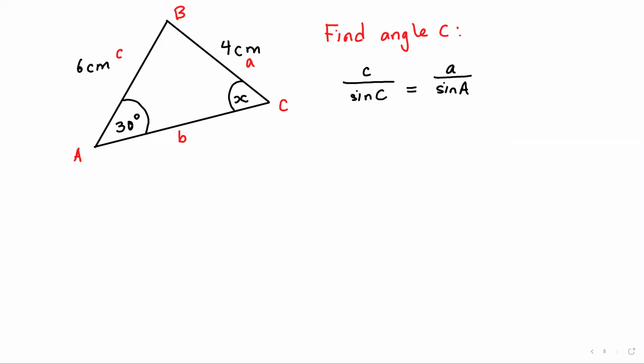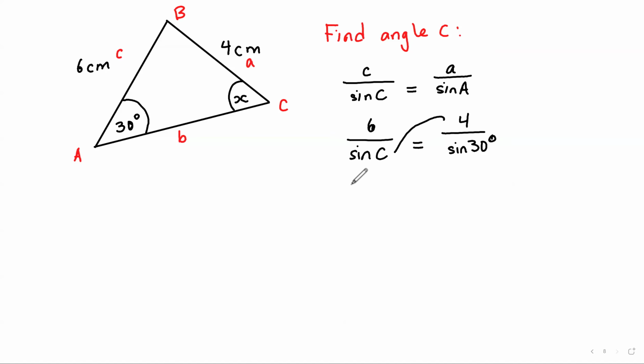So at this point, I'm going to substitute my values into the formula. C is 6 centimeters over sine of C, because we're trying to find that, is equal to A, which is 4 centimeters, over the sine of angle A, which is 30 degrees. And now I cross multiply.